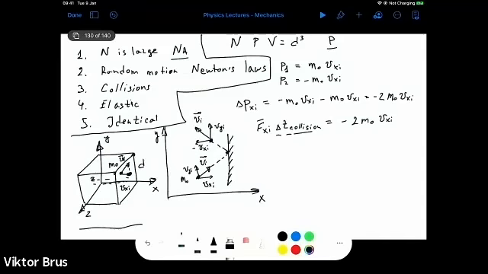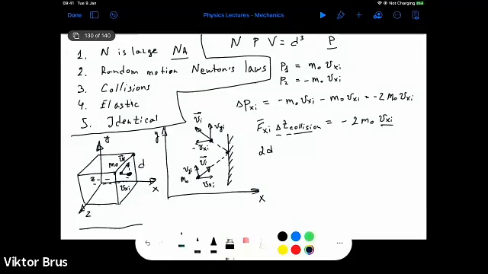So it should travel distance which is equal to 2 times d. And we know that it travels with this Vxi speed along the axis x.